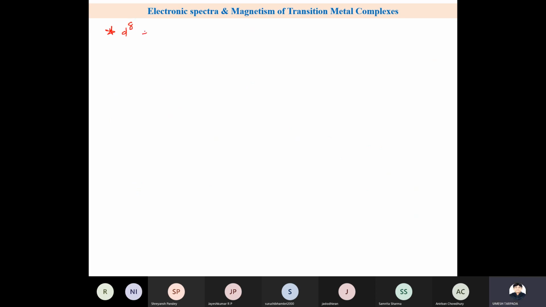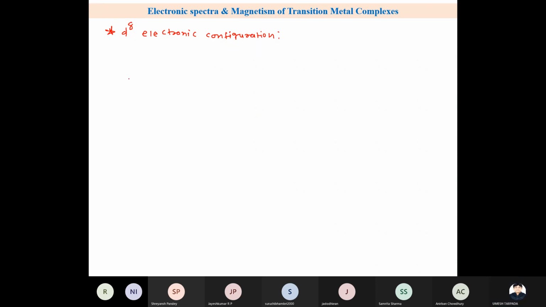What about D8? The D8 electronic configuration has a similar diagram. You can have the same diagram for D8.